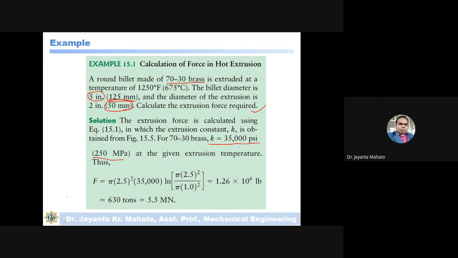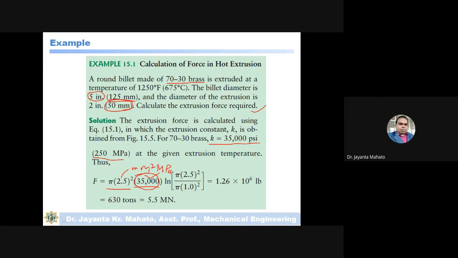The force will be K multiplied by the initial cross-sectional area. If calculated in inch square, you have to take the psi value of K. If you put the area in millimeter square, then you have to put the value of K in MPa.